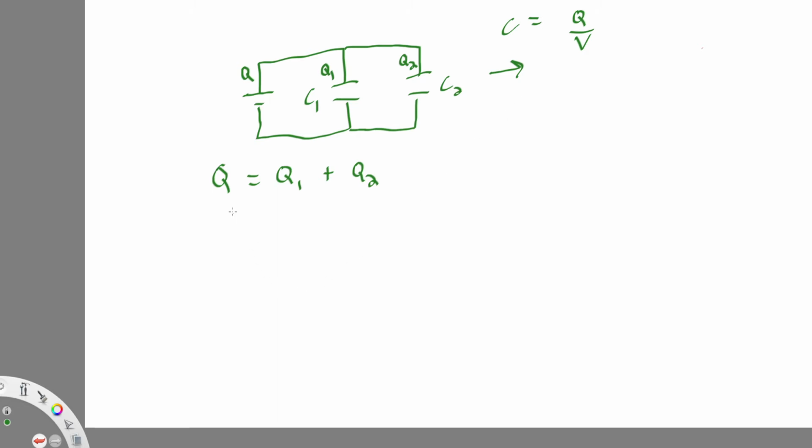If we want to play the same game and replace these expressions for charges with something to do with capacitance, we can say Q equals CV. So C V total is going to equal C1 V1 plus C2 V2.